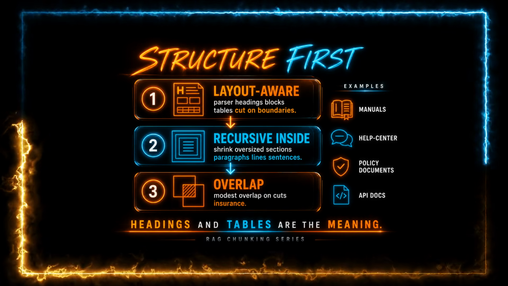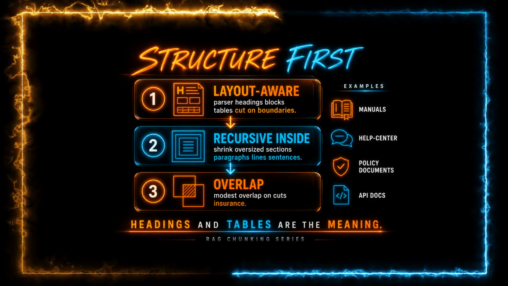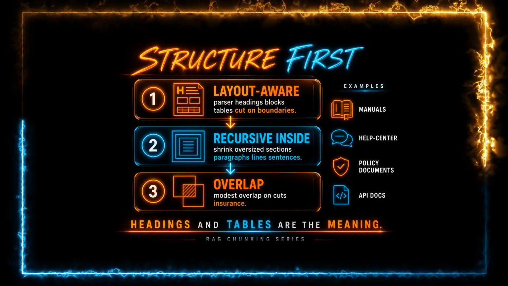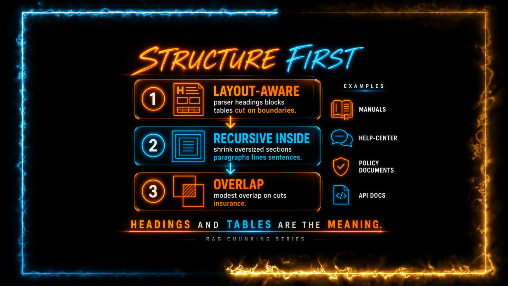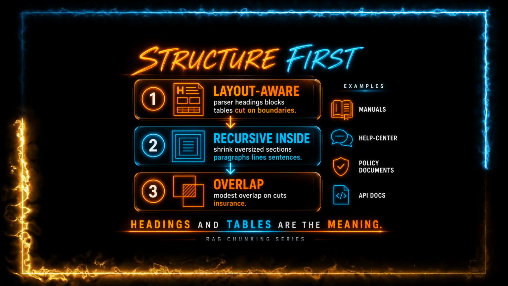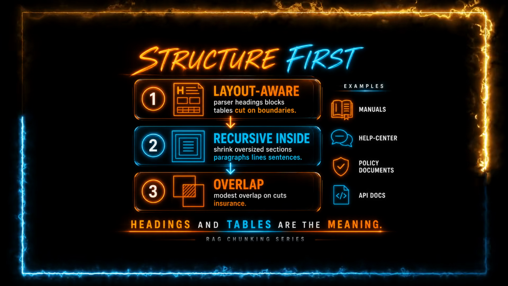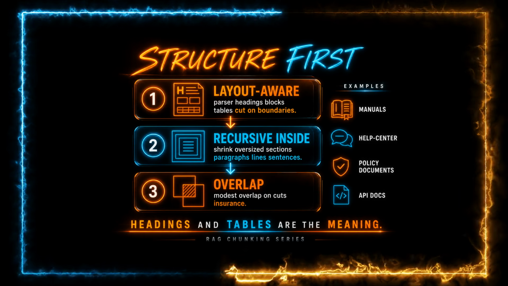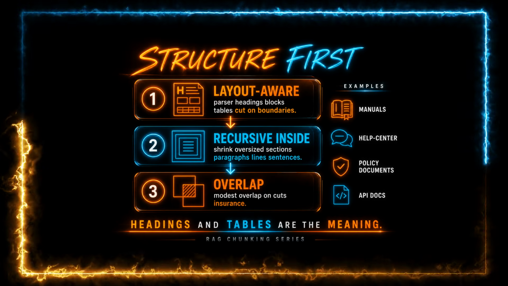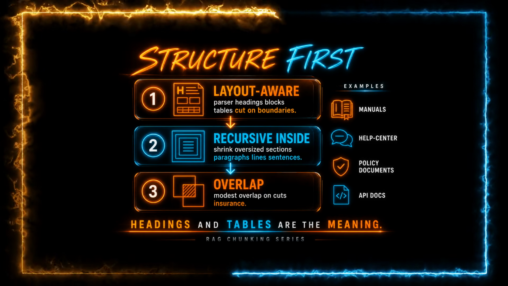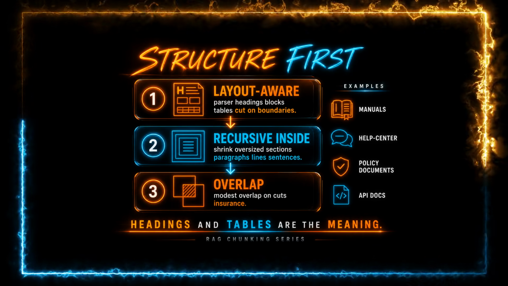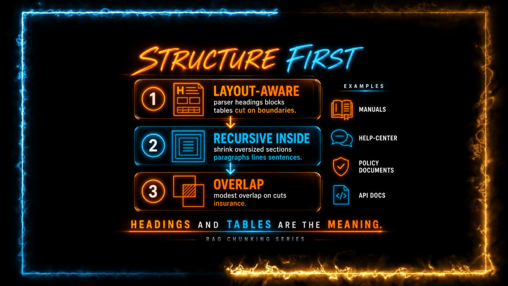Use it when the document's headings and tables are the meaning: product manuals, help center articles, policy and compliance PDFs, API docs with parameter tables, and slide-style training PDFs, not chat logs or flat ticket dumps. Pros: chunks follow the doc's architecture, tables and sections stay coherent, usually a big jump over dumb scissors.